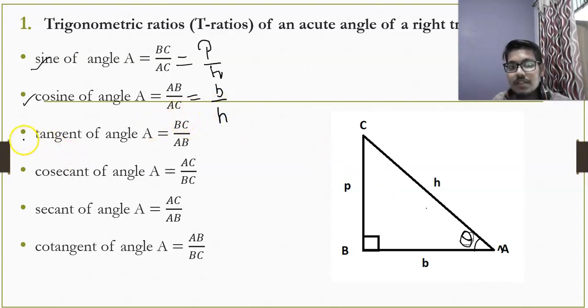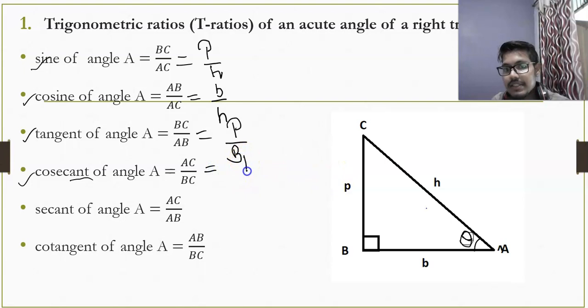Now we talk about the tangent. Tangent is BC upon AB. BC here is the perpendicular and AB is the base. And what is cosec? Cosecant. Generally we eliminate the end term and only call it cosec, but completely it is cosecant. So cosecant is AC upon BC.